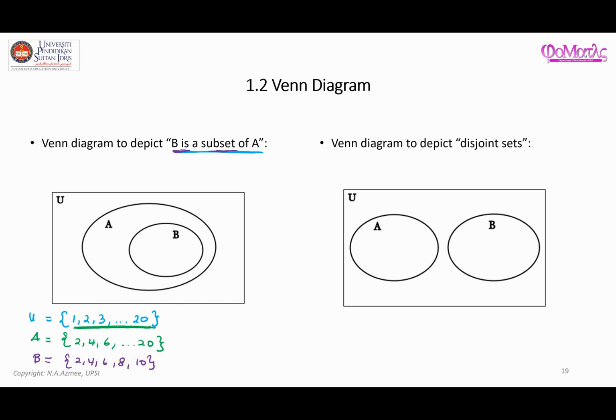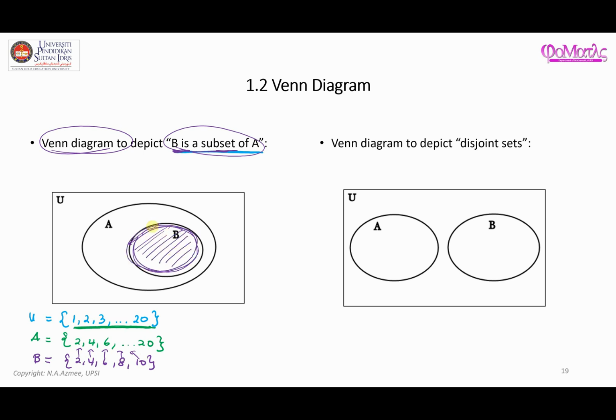So clearly all the elements in B are given in A. Okay, so B is a subset of A. So this is one example to demonstrate the idea of using a Venn diagram to depict the situation where B is a subset of A. So B will be inside.